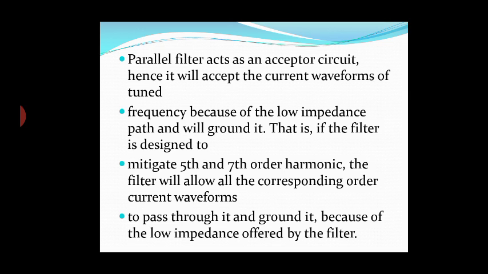For example, if you want to filter out the fifth harmonic, we need a passive filter which can only filter out the fifth harmonic, so that filter cannot filter out the seventh harmonic. This is the main disadvantage of passive filters.